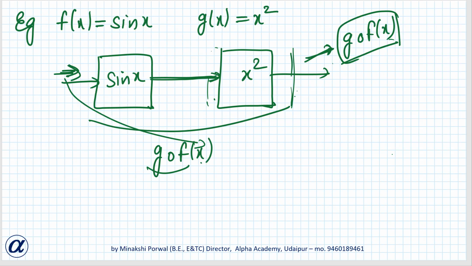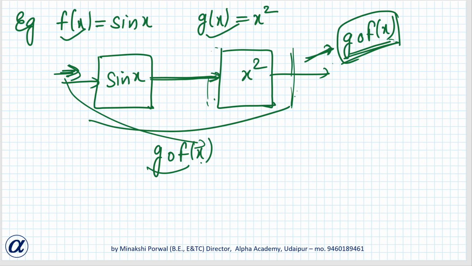Ma'am, can you repeat? If this f(x) is continuous, g(x) is continuous, then their composition will also be continuous. Is g(x) the composition of f(x)? No, g of f(x) is the composition of function, so we call it g of f(x). This is the composition of f(x) and g(x), which we write as g of f(x).